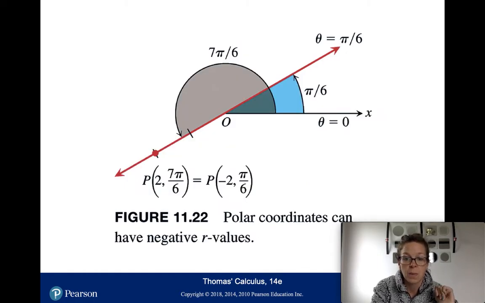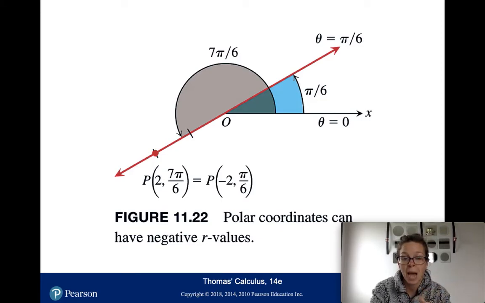So then we can also have negative r values. So that point that is labeled, again, that dot, we could say has a positive r value of 2, and then that would be at the 7 pi over 6 angle. Or we could go to the pi over 6 angle, but then go backwards 2 from there, and that would put us along that same line.